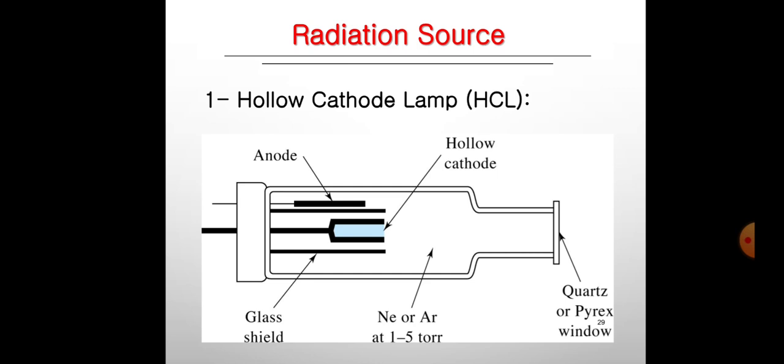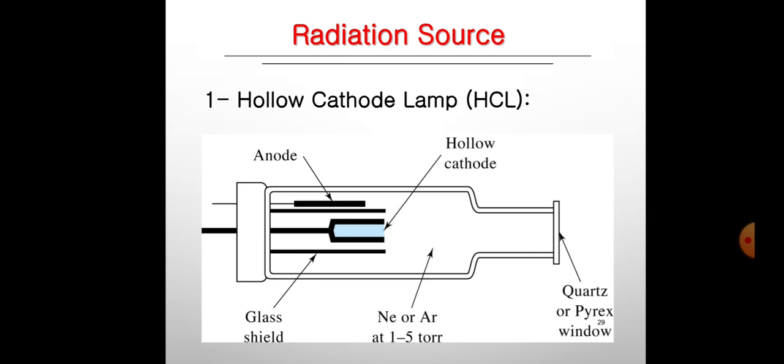If you are going to analyze nickel, then the cathode should be made from nickel. And then we have an anode that is made from tungsten or something like that. Inside the lamp, we have a low pressure of an inert gas like neon or argon.